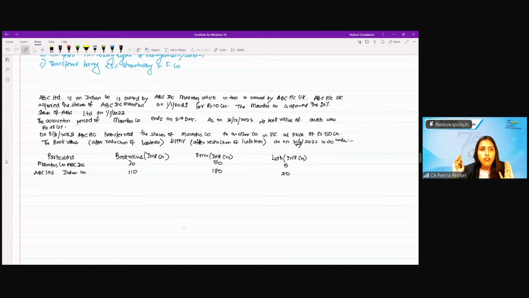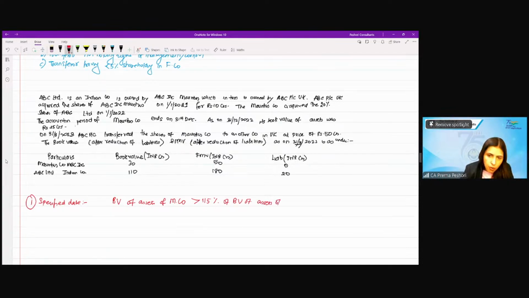You tell me, first of all, what will be the specified date? Whether the book value of the assets of the Mauritius company is greater than 115% of the book value of the assets of the Mauritius company on the last date of the accounting year.